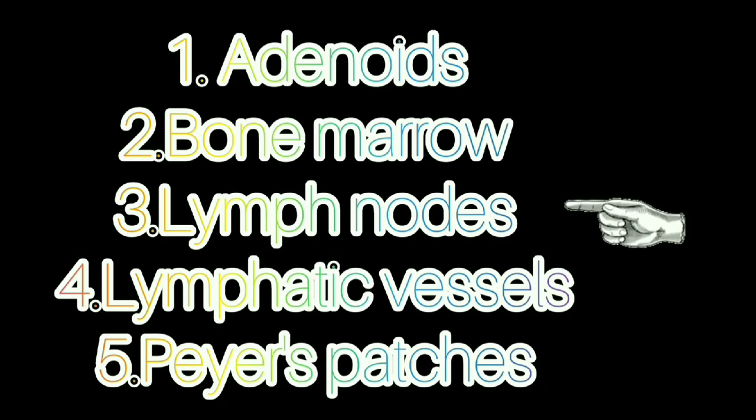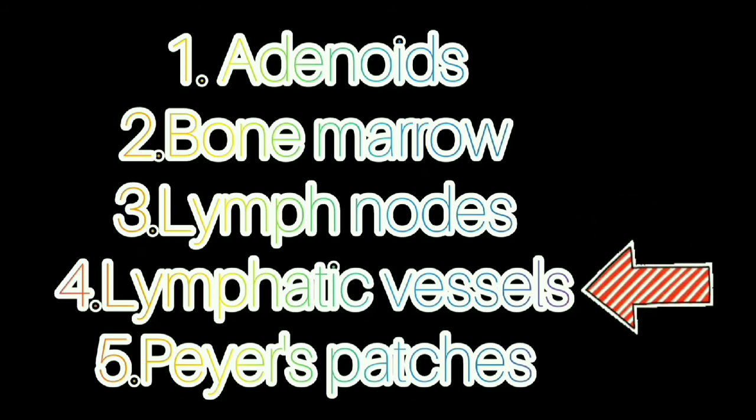Third, lymph nodes, small organs shaped like beans which are located throughout the body and connect via the lymphatic vessels. Fourth, lymphatic vessels, a network of channels throughout the body that carries lymphocytes to the lymphoid organs and bloodstream.